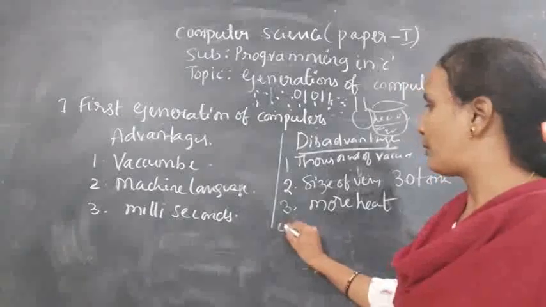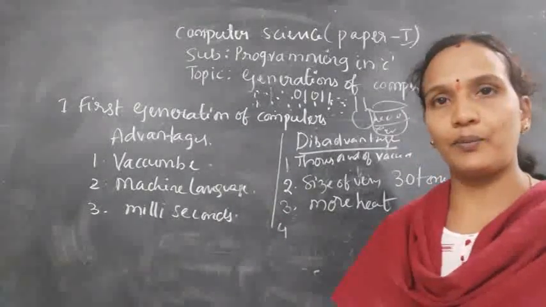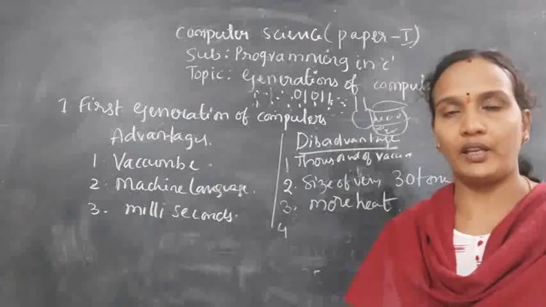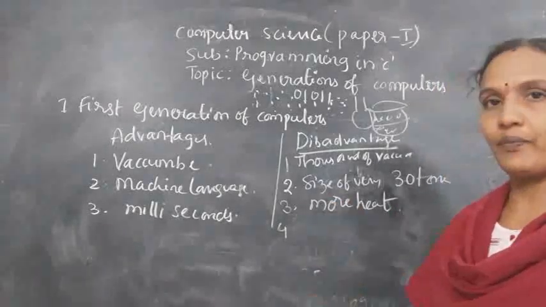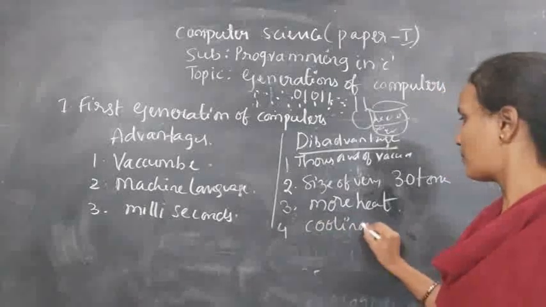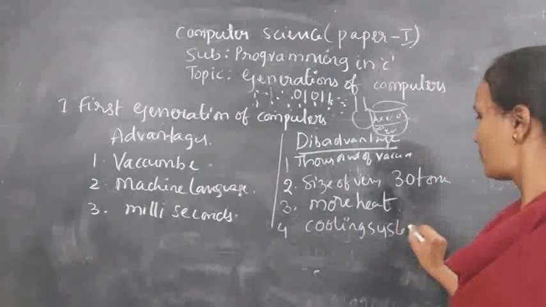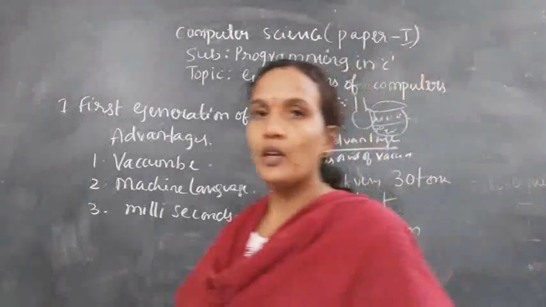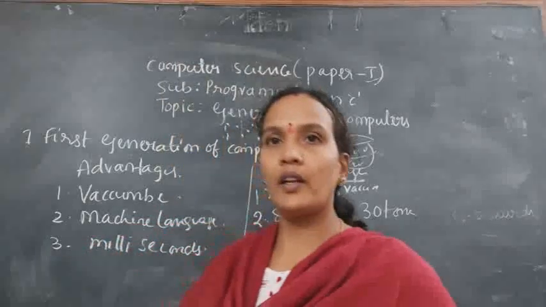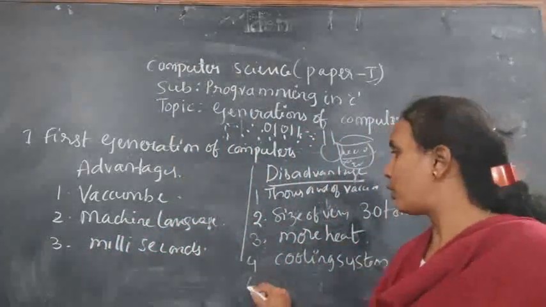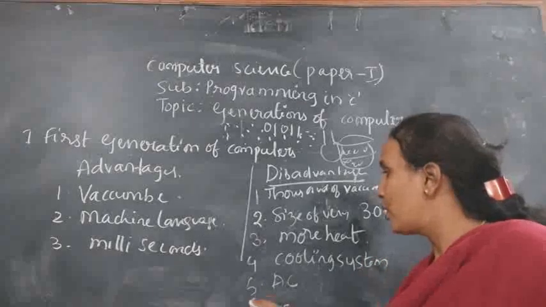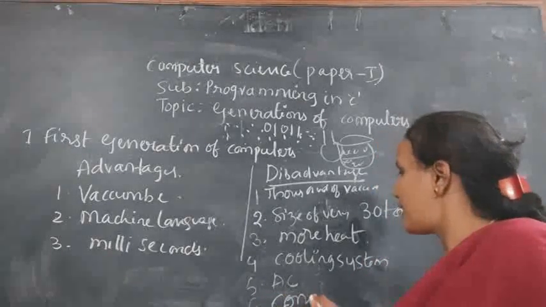Next, fourth one. If the vacuum tubes are generating more heat, then it requires a cooling system. If it requires a cooling system, it requires AC, and it requires constant maintenance.